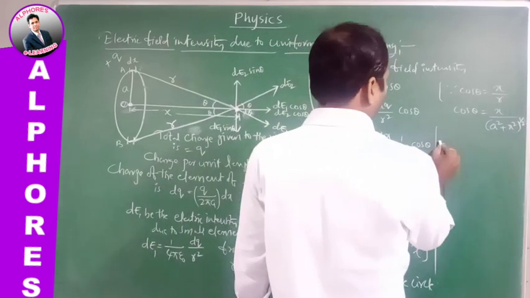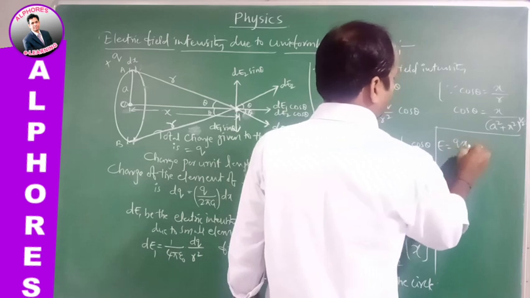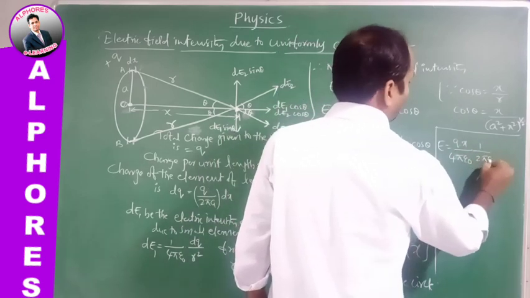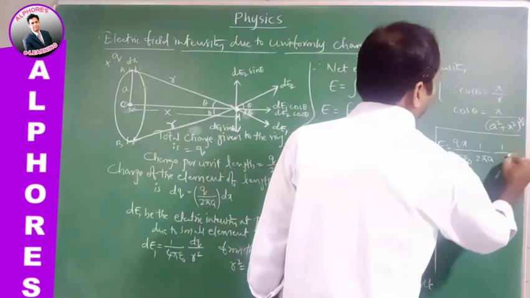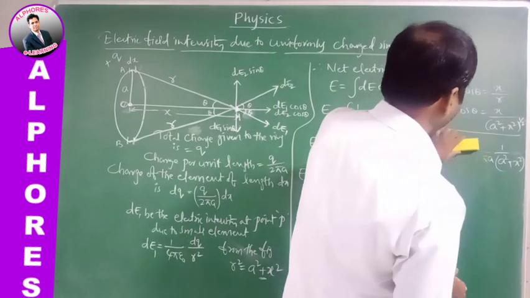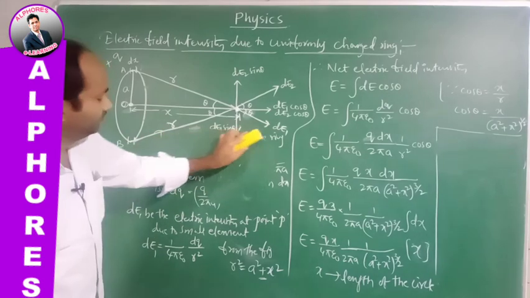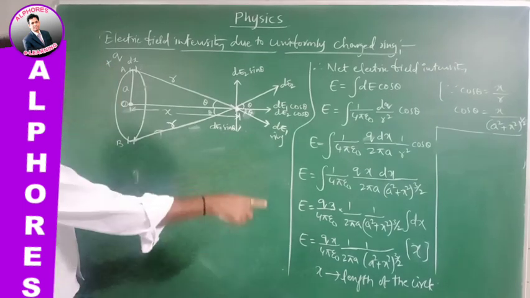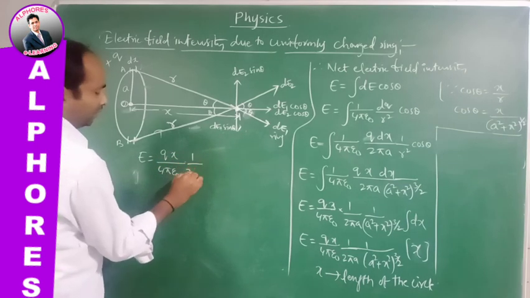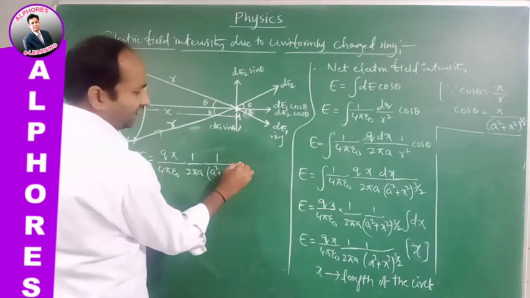Substitute here. E is equal to qx by 4 pi epsilon naught, 1 by 2 pi a, 1 by (a square plus x square) whole to the power of 3 by 2, integration of dx.